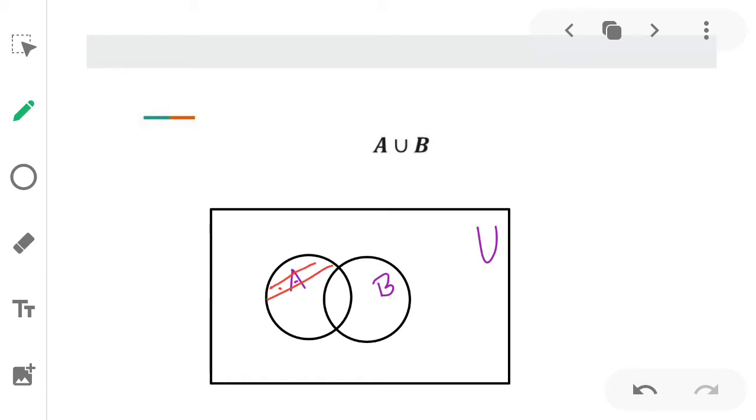This portion represents the unique elements of A. This portion represents the unique elements of B, and this portion represents the common elements between A and B. Whenever you draw a Venn diagram for A union B, we highlight both the circles, that is, the common elements and the uncommon elements. So this is the Venn diagram for A union B.